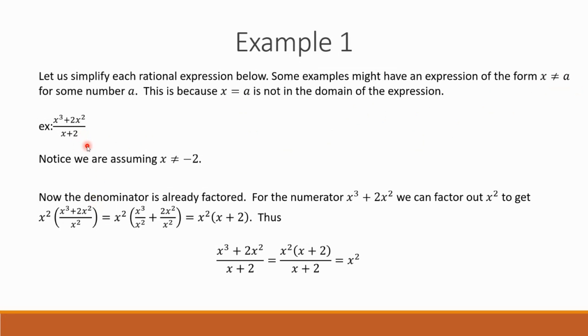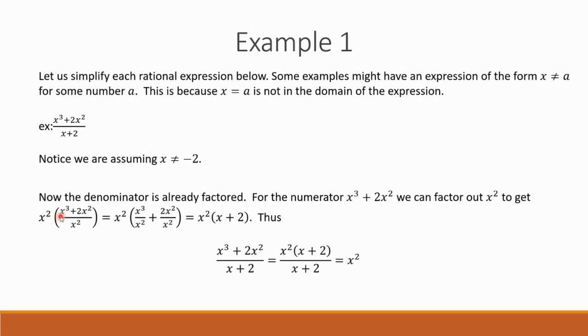Now what's nice about this one is the denominator is already factored. The numerator, let's see if we can factor that. Well, notice that we have x squared. That's the smallest power of x, right? So let's factor it out, just like when we factored out GCFs.